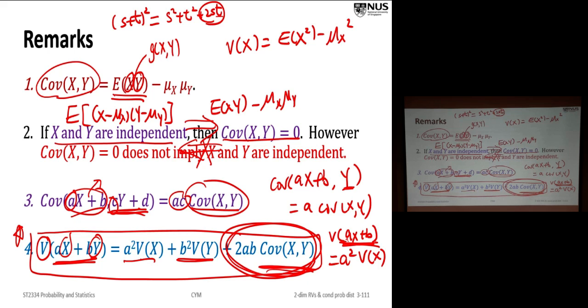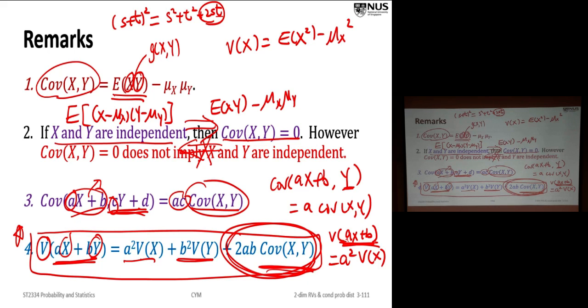So I create this ax plus by. I have an option to choose a and b, or at least the sign of a and b. I can have a, b both positive, or a, b of different signs. All right? So now, let me ask you, I want to create a new variable, which is ax plus by.